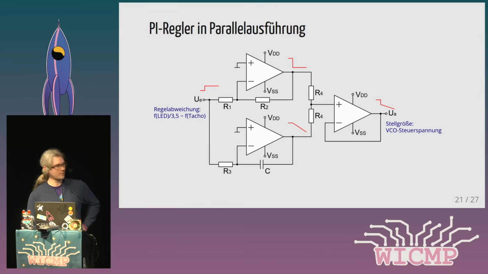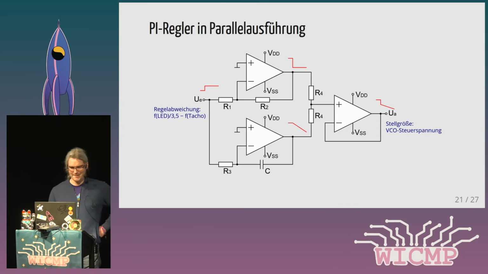On the top we have an inverting circuit. And so we can see here that if there is an increase in the frequency difference, there will be a jump in the output. This means that if the frequency differs by 1 Hertz, the PI regulator will give you a voltage difference of 1 volt.